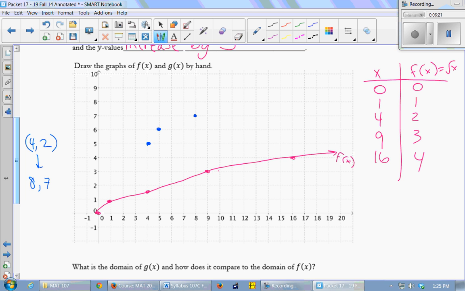And then 9 plus 4 is 13, and 3 plus 5 is 8. And then I have 16, 4. Move that point right 4 and up 5. So I add 4 to 16 and I get 20. Add 5 to 4 and I get 9. So here's my new graph of the transformed function g of x.